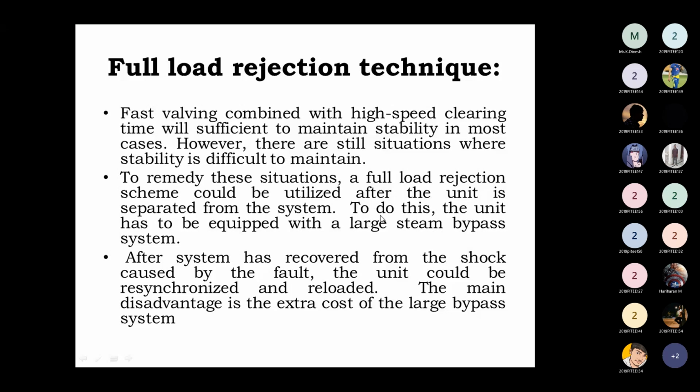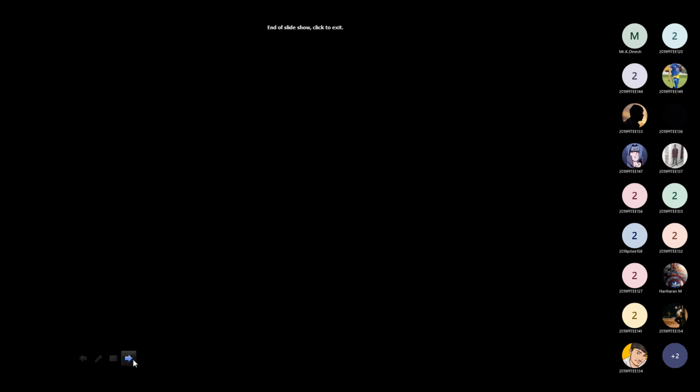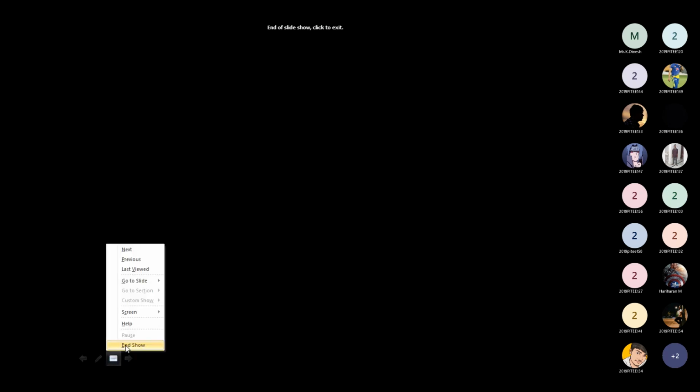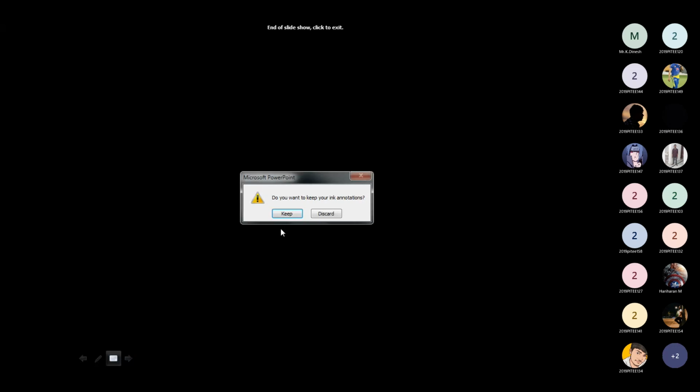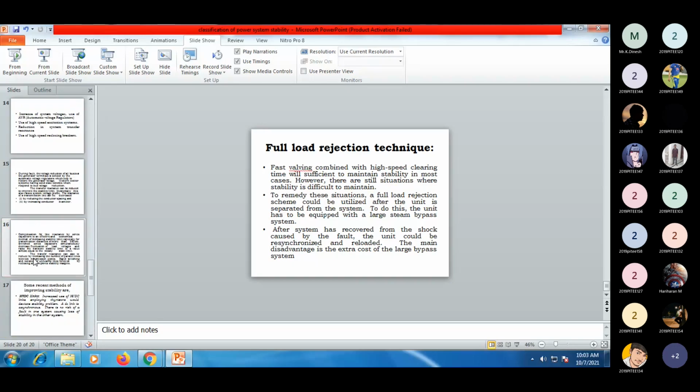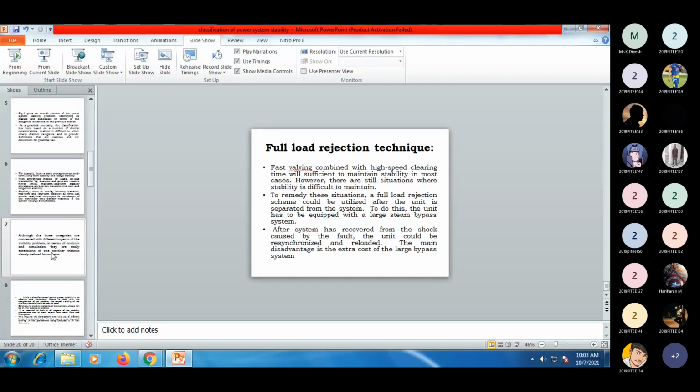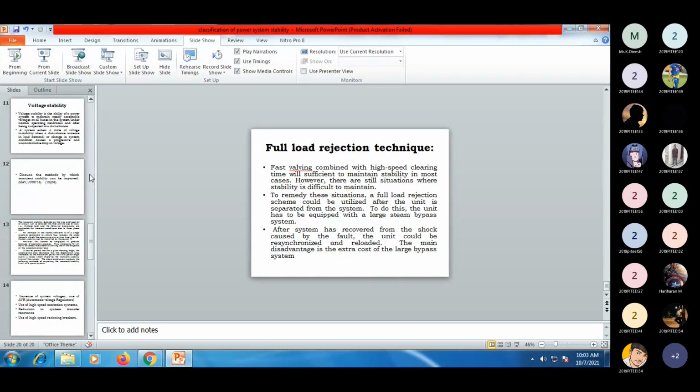Yes, cost. It is a high cost, providing your large application, steps to improve your transient stability.